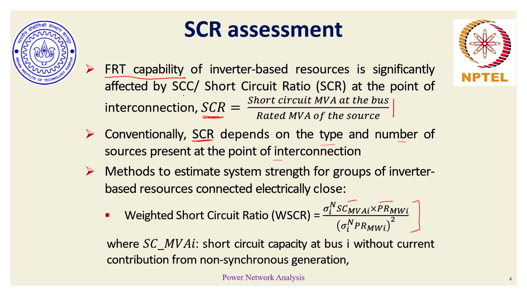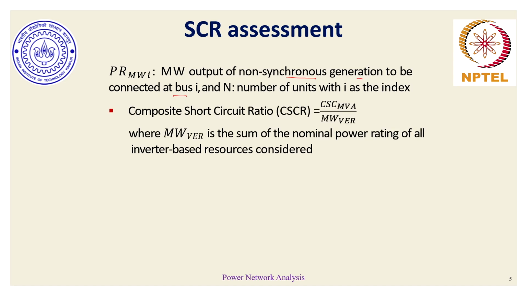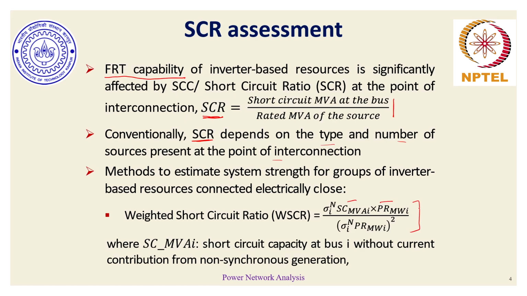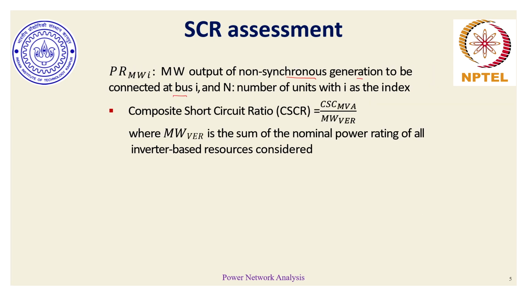Basically it's a weighted average of the short circuit ratio from individual points of contribution at the point of estimation. The other possibility is the composite short circuit ratio, where, instead of taking an average rated evaluation, we evaluate SCR at the point of location, considering all generators partially or equally contributing to the short circuit capacity, and then take the ratio with respect to the nominal rating of our inverter-based resources.